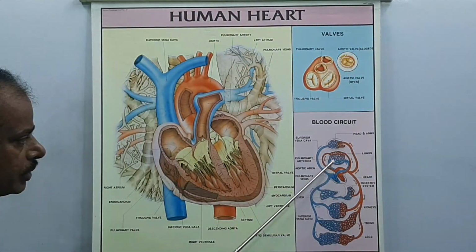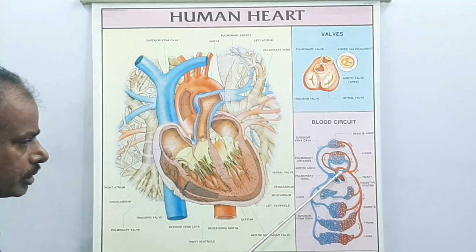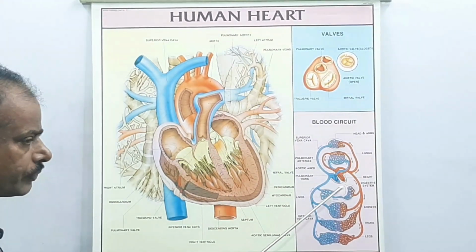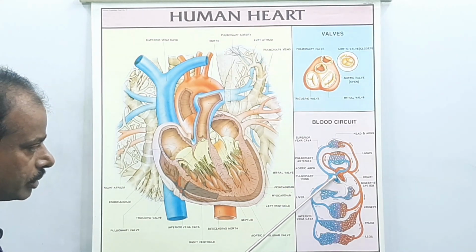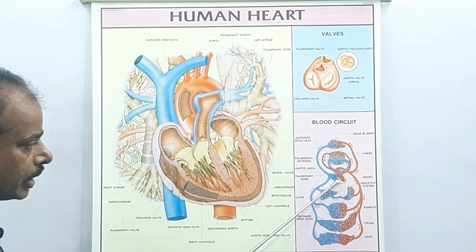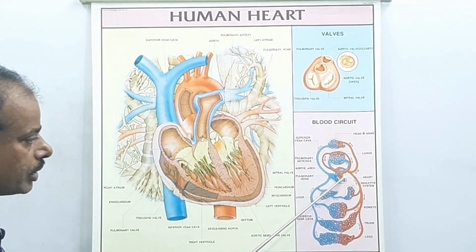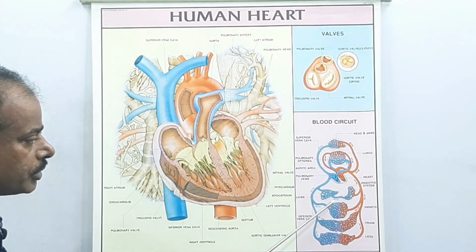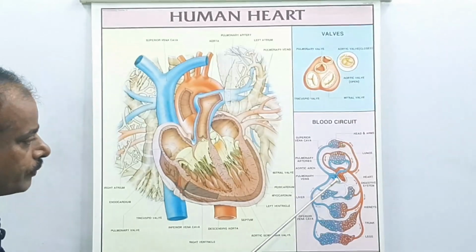At the same time, from the lungs, oxygenated blood is poured into the left auricle. After it, from the right auricle, blood is carried to the right ventricle, and at the same time, from the left auricle, blood is pumped to the left ventricle after opening of the cuspid valves.